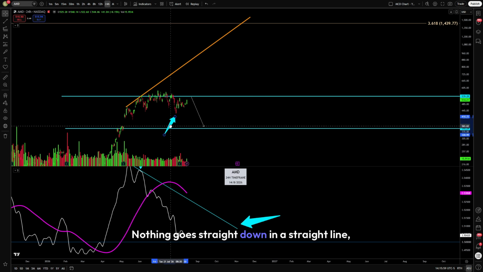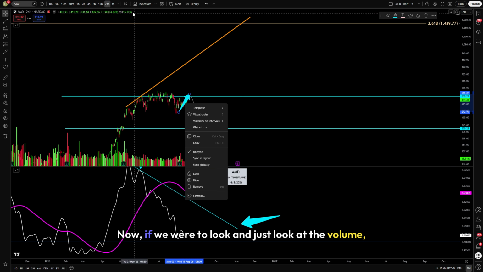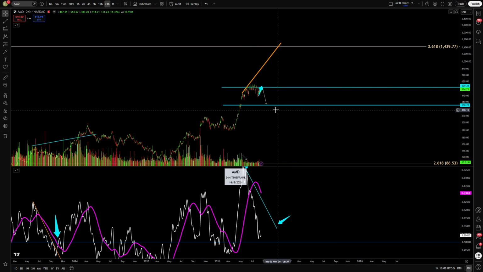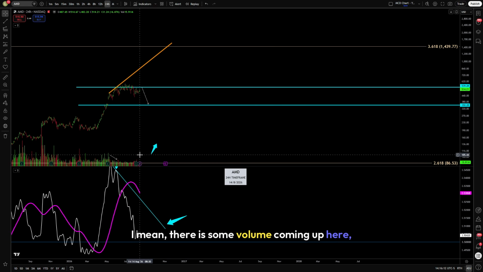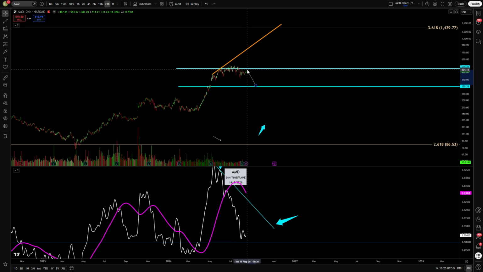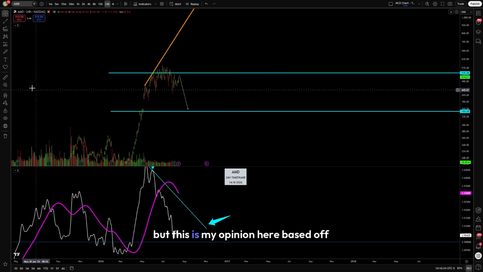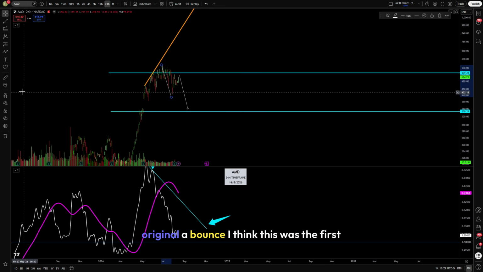Nothing goes straight down in a straight line, and nothing goes straight up in a straight line. If we look at the volume, there is some volume coming up here, but we haven't seen a huge spike in volume that says smart money is going deep on this yet. And to me, if I'm being honest, and I can get this wrong, but this is my opinion based on my experience, I think this was an original A bounce.